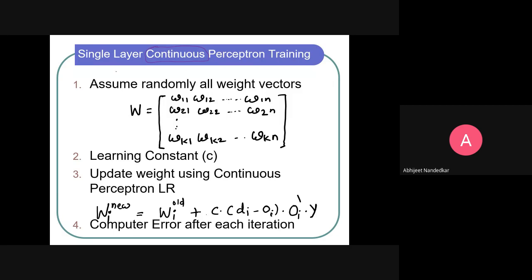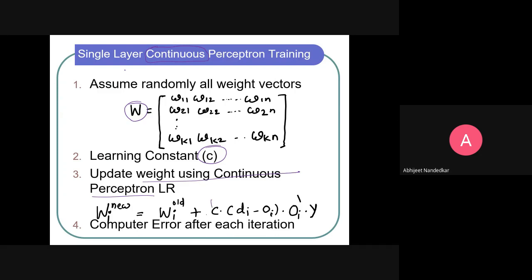Okay, so single layer stands for many classes, continuous stands for the activation function used. The other things are the same, that means you have to randomly assume weights, learning constant, then update weights using the continuous perceptron. Now what will change when you go to the perceptron with continuous activation function?